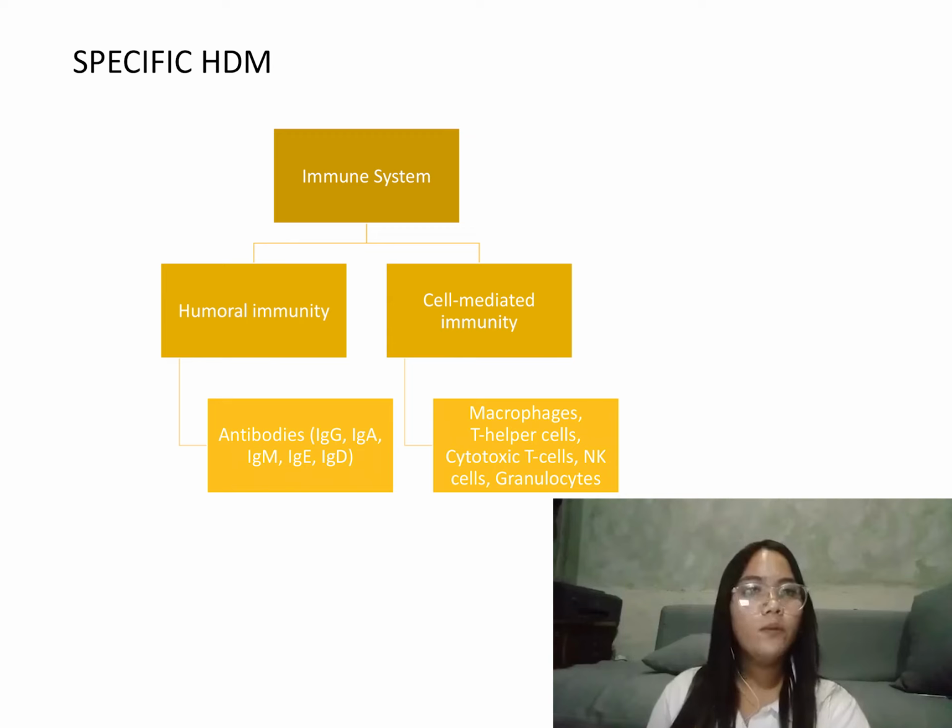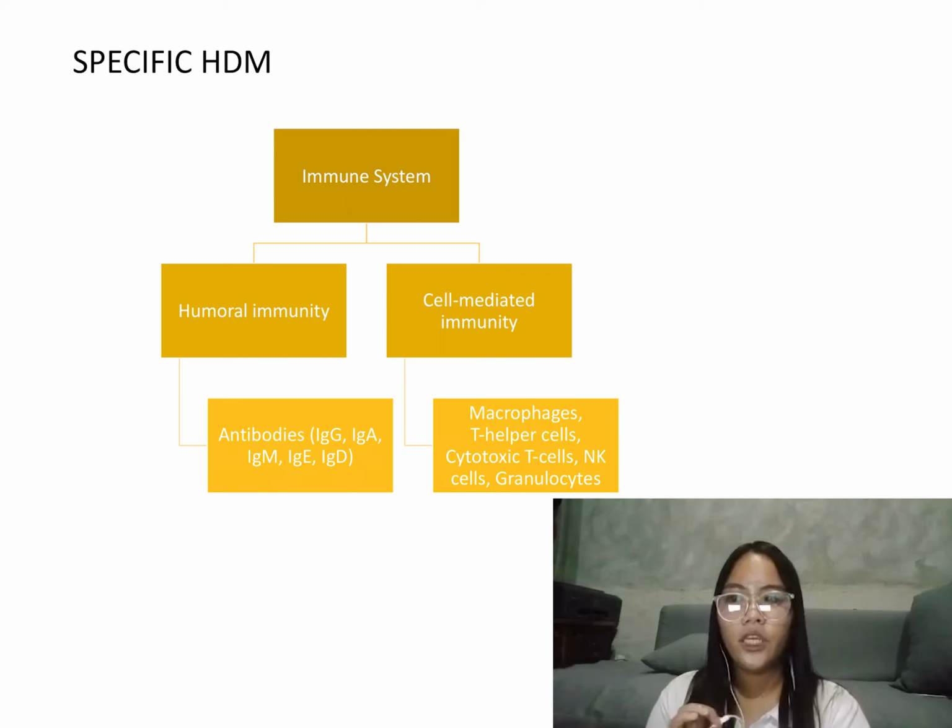Immune system, a complex network of cells, tissues, organs, and the substances they make that helps the body fight infections and other diseases. Humoral or antibody-mediated immunity is involved in the production of antibodies in response to an antigen.